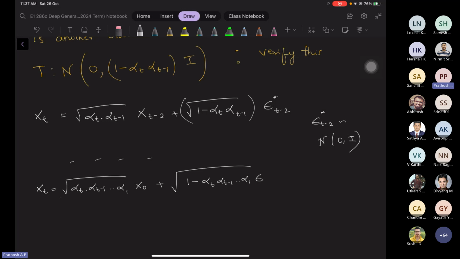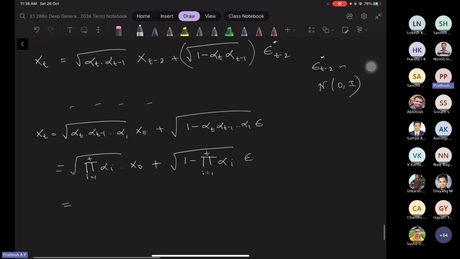Which is equal to root of the product for i equal to 1 to t of alpha i times x naught, plus root of 1 minus the product for i equal to 1 to t of alpha i times some epsilon.